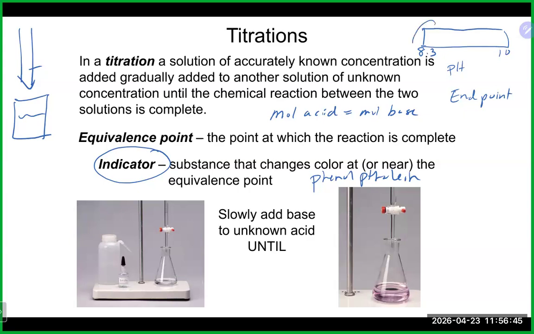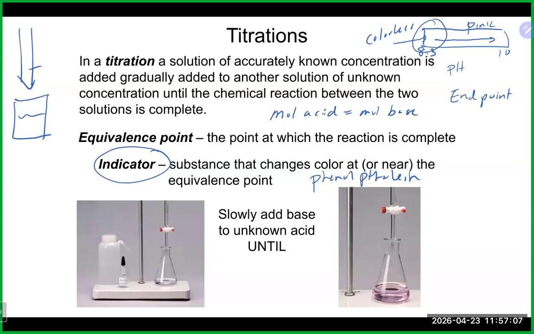At around 8.3, it is still colorless. As you start gradually moving in this direction, you get lovely shades of pink to fuchsia to super dark pink as you keep moving towards a pH of 10. Perhaps some of you remember seeing some of those colors as you were titrating, maybe in the last class.